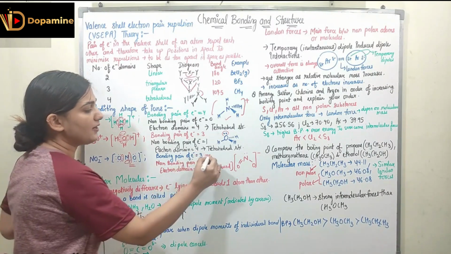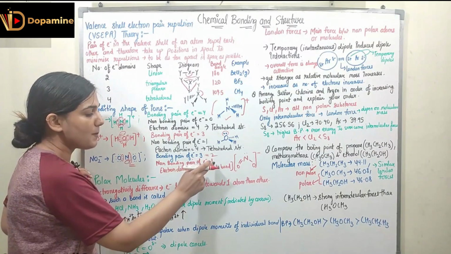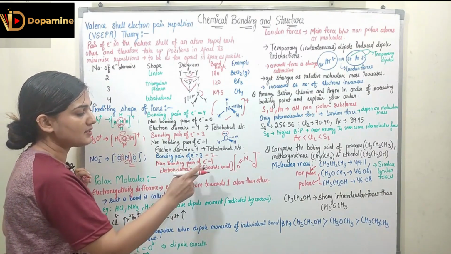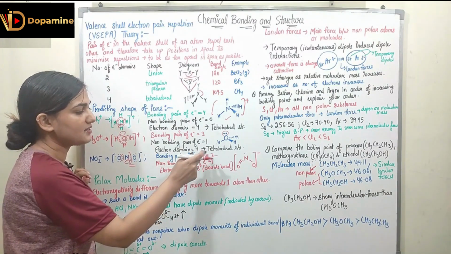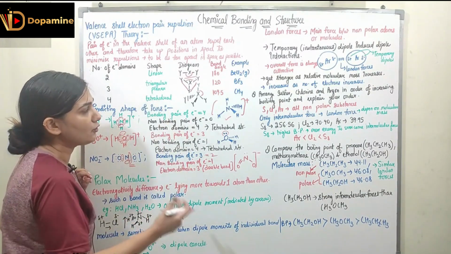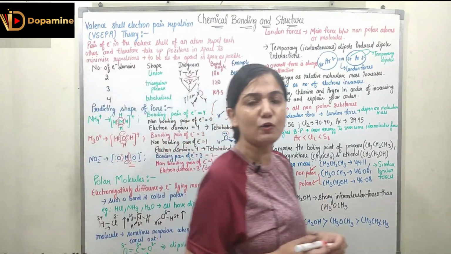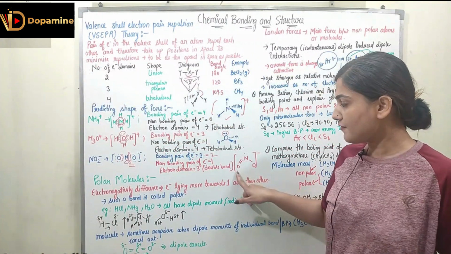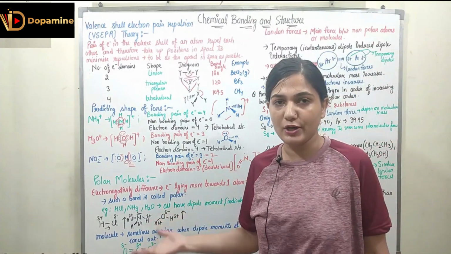So we can take the bonding pairs as 2, because one was a double bond and one was a single bond. So 2 plus 1 is 3. So the electron domain is 3, which means we have a triangular planar structure. This is how the structure would be. One place is occupied by the lone pair of electrons, and here we have the double bond to oxygen and the single bond to oxygen.